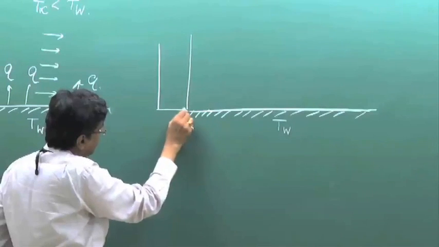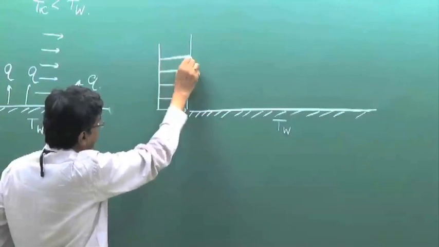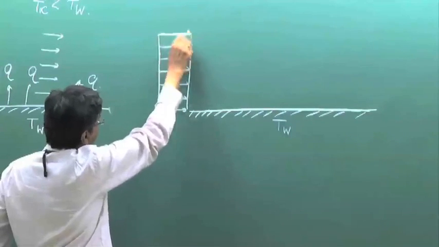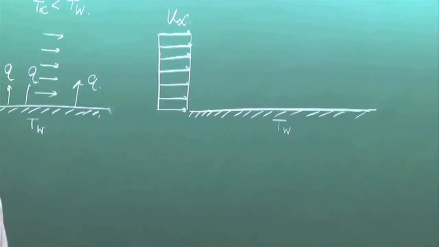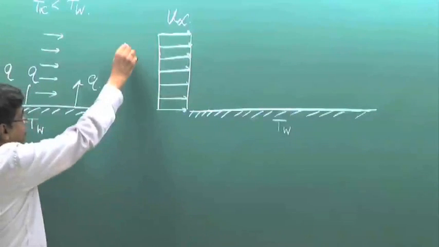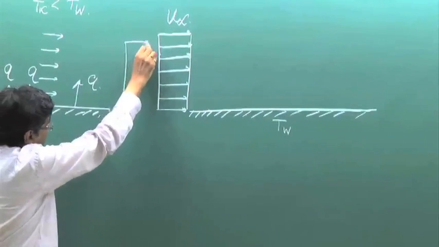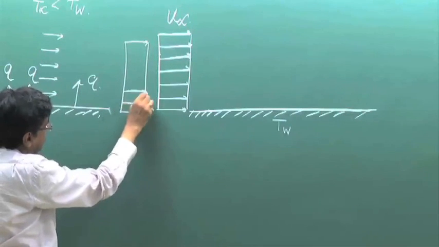Let me denote u infinity as the velocity with which the fluid is approaching, and also I show a temperature scale of uniform temperature T infinity.